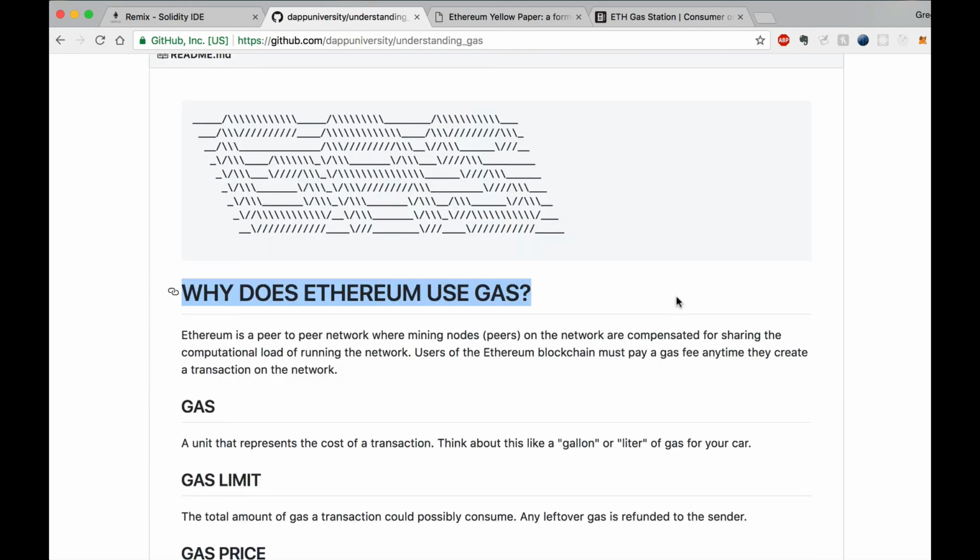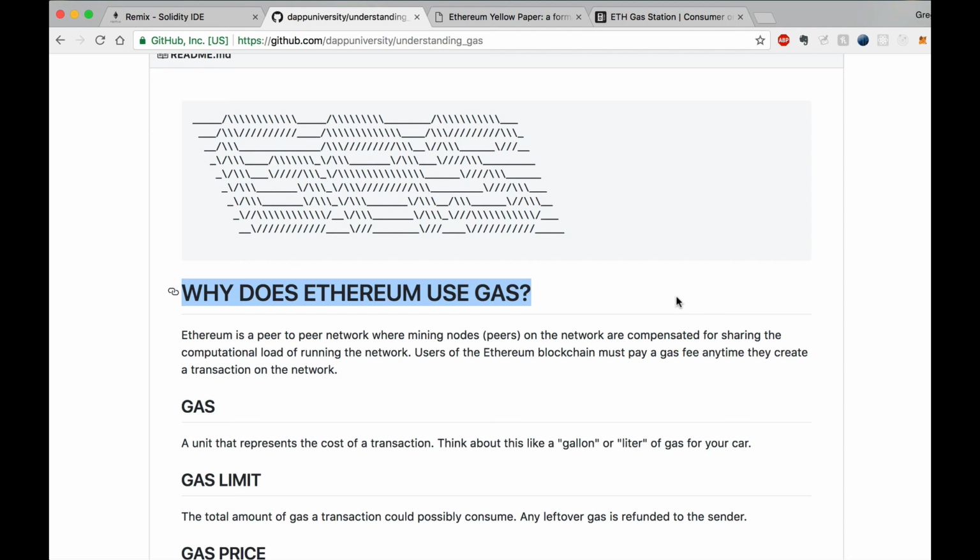So why does Ethereum use gas? Well, the Ethereum blockchain is a peer-to-peer network, which basically means that it's crowdsourcing all of its computational power. So the Ethereum blockchain is a network that's made up of nodes, computers, that all talk to one another. And some of these nodes opt into the mining process.